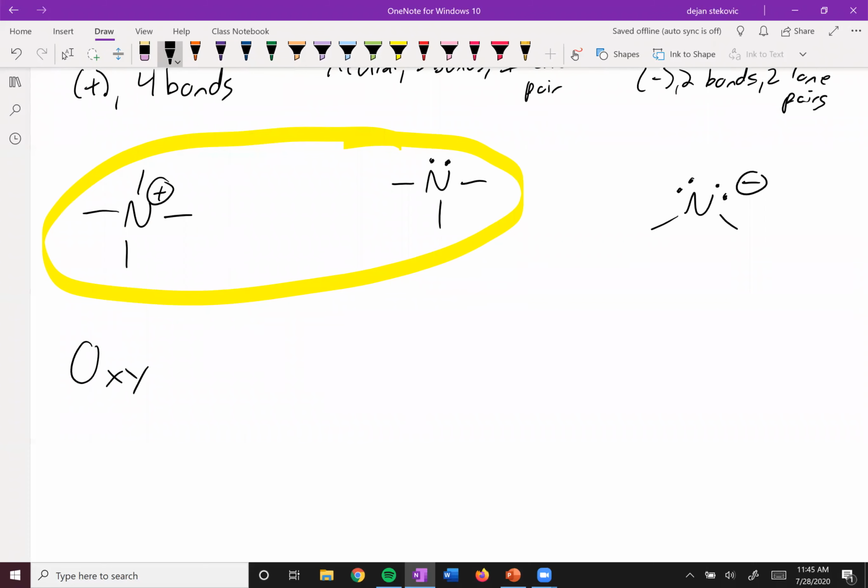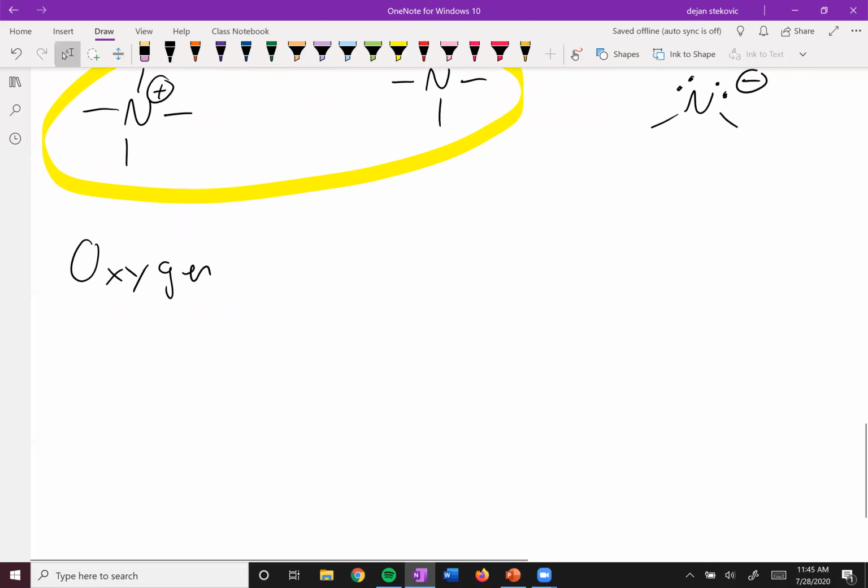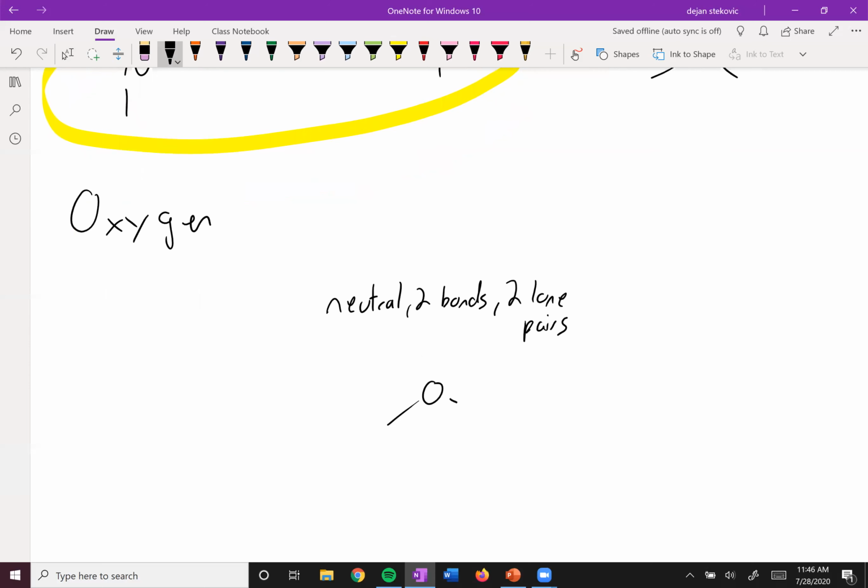Next up, we have oxygen. Oxygen in its neutral form has 2 bonds and 2 lone pairs. And again, there doesn't have to be 2 single bonds. It could be a double bond, something like that. And then it can also be positive or negative, right? So when it's positive, it's going to have 3 bonds and 1 lone pair.